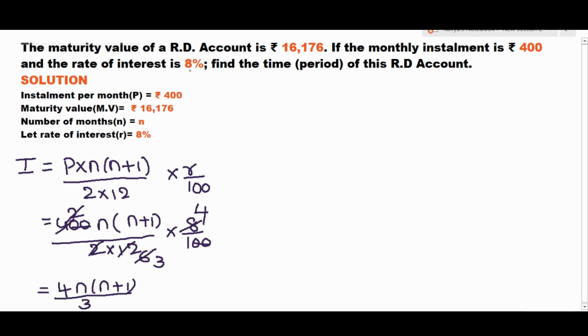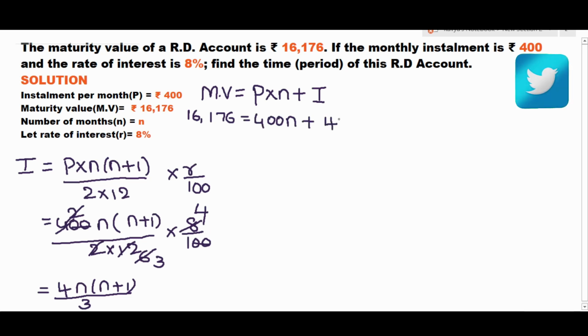Now let's write the MV value. We know MV is equal to P into n plus I. So 16,176 is equal to 400 into n plus 4n into n plus 1 by 3. Let's take the LCM.